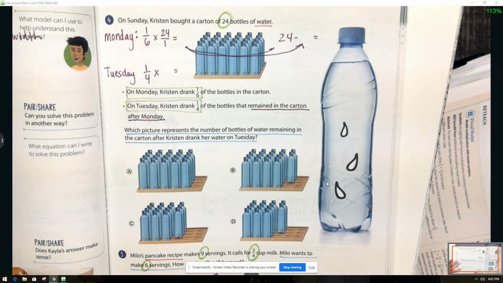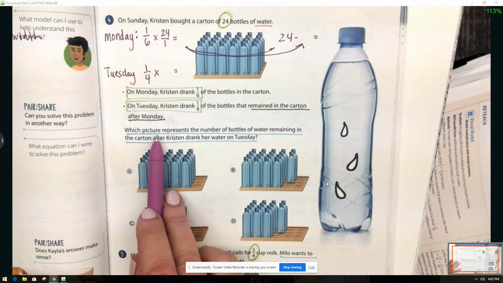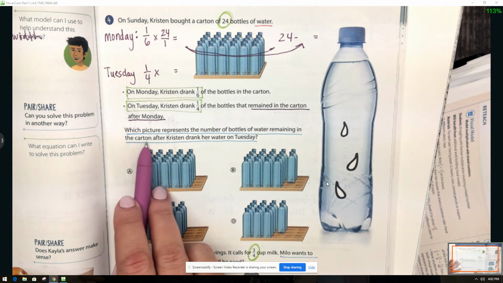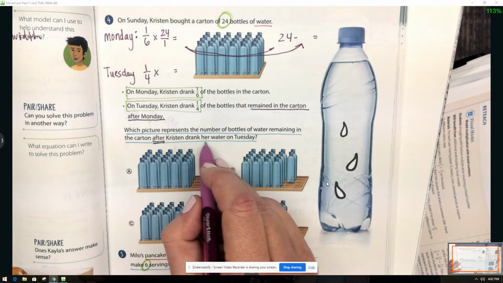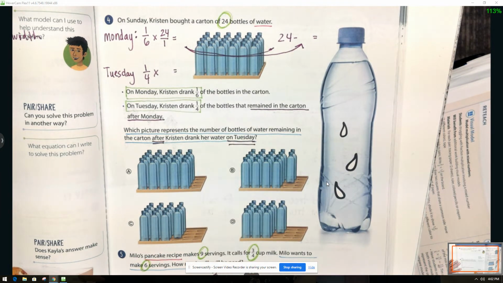That's the tricky part of this problem. Then we want to know which picture represents the number of bottles of water remaining in the carton after Kristen drank her water on Tuesday. So we've got some work to do.